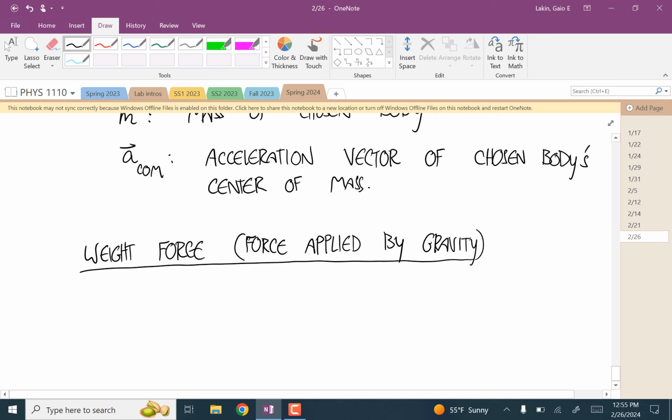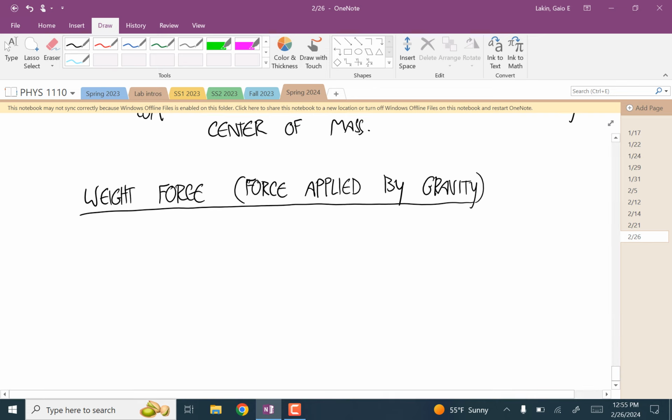And we can figure this out just by thinking about an object that's in projectile motion. Okay, so imagine an object, and let's say it has a mass of 1 kilogram. So imagine a 1 kilogram object in projectile motion.